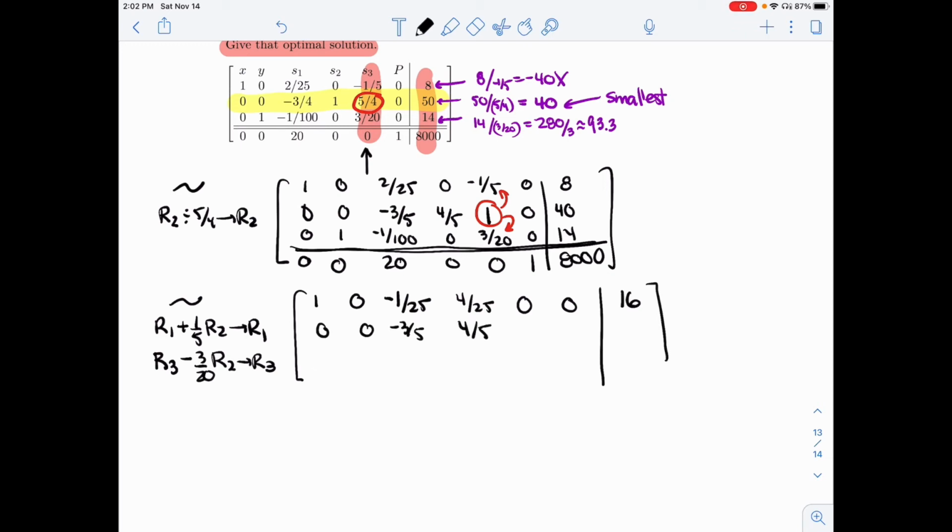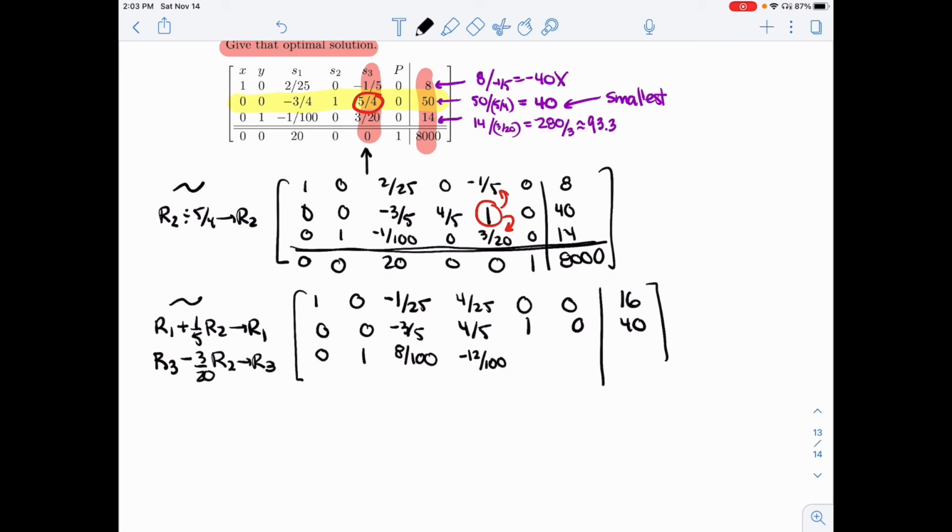Second row, we're not touching. And third row, all right, let's do this. 0, 1, minus 100 plus 9 over 100. So that will be 8 over 100. We could leave it like that. I'll probably want to simplify to 2 over 25 if I need it again. And then here, that will be minus 12 over 100.